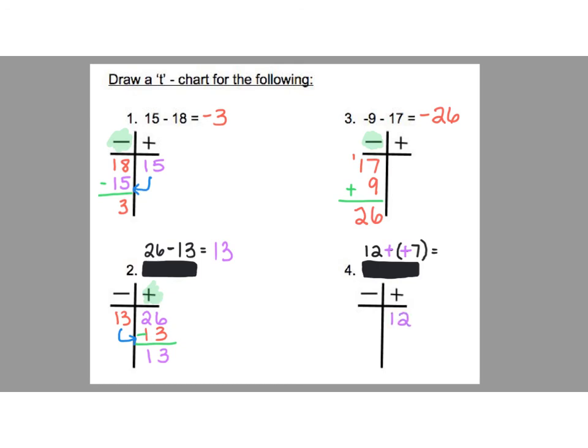The 7 is also positive, so I'm going to place it on the right-hand side of my T-chart. Since both of these numbers are on the same side, I'm simply going to add them together. 12 plus 7 equals 19. The 19 is on the positive side of my T-chart, so my answer will be positive. 12 plus positive 7 equals positive 19.